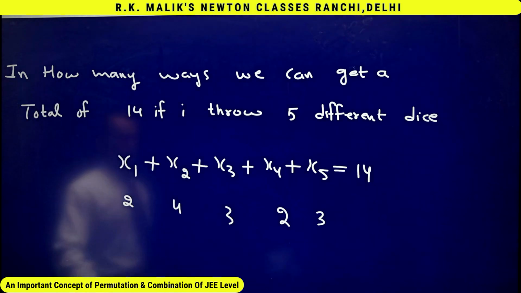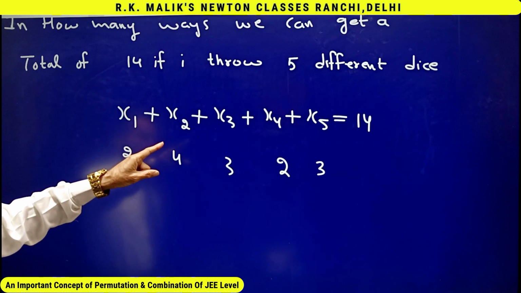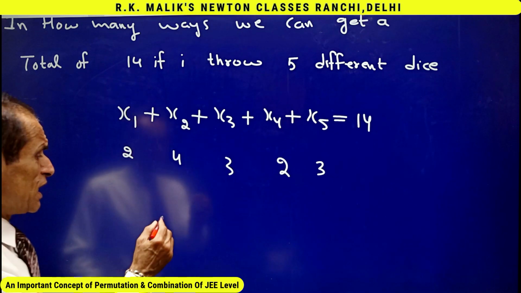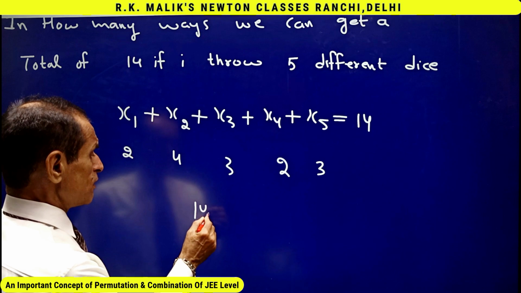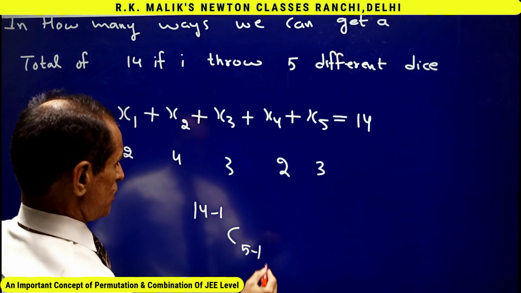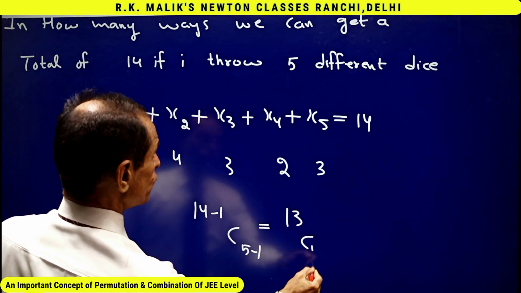The argument will be that in this way every solution will indicate a way of getting a total of 14, but actually it is wrong, because according to the formula, the number of natural solutions of this equation will be 14 minus 1 c 5 minus 1, that is 13c4.